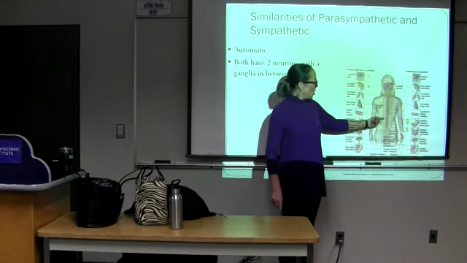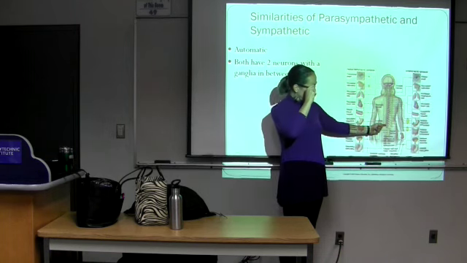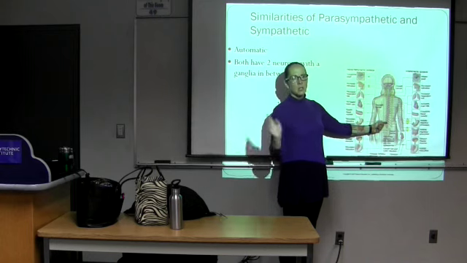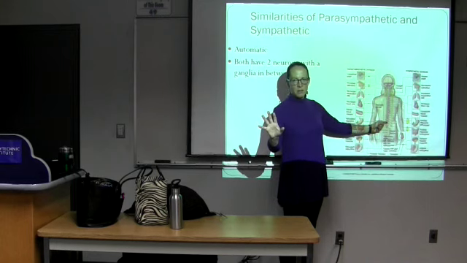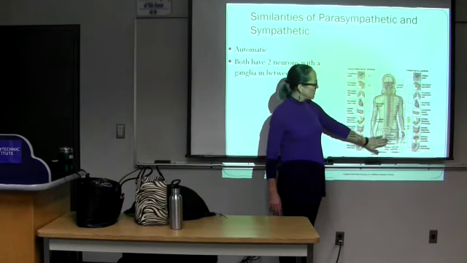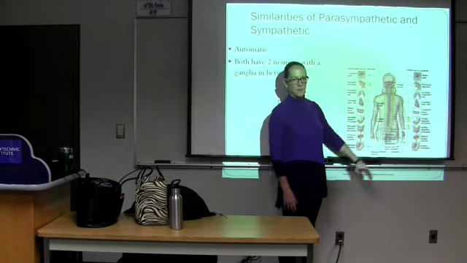Sympathetic. All of these nerves that are coming out of the spinal cord in the thoracic and upper lumbar are sympathetic. All of the nerves that come from cranial and sacral are what? Parasympathetic.